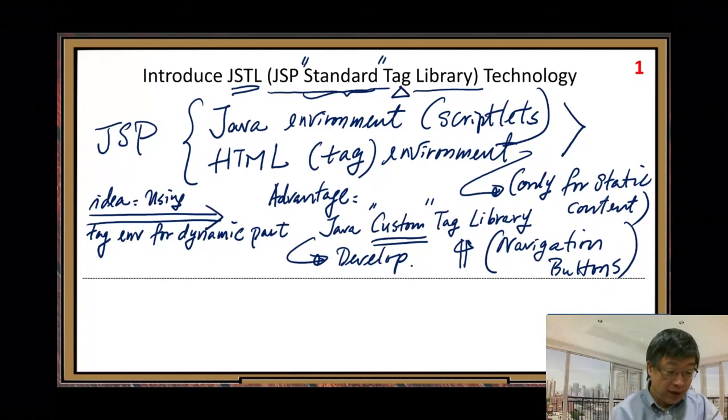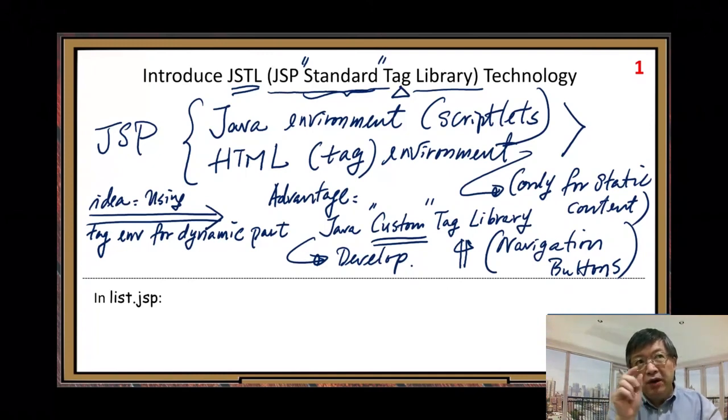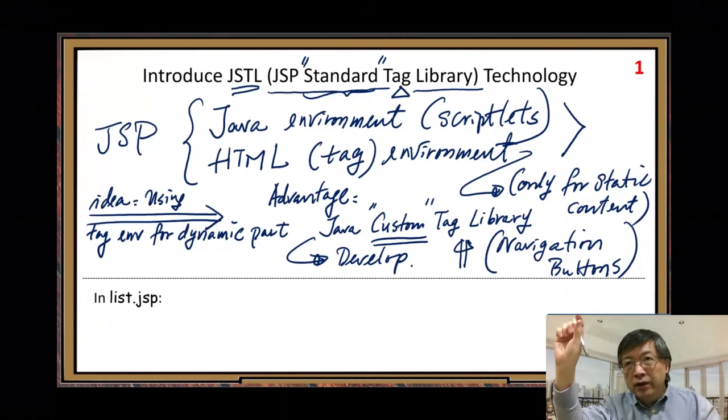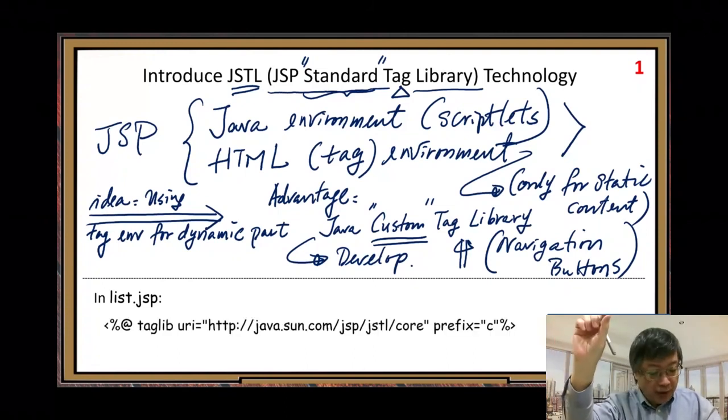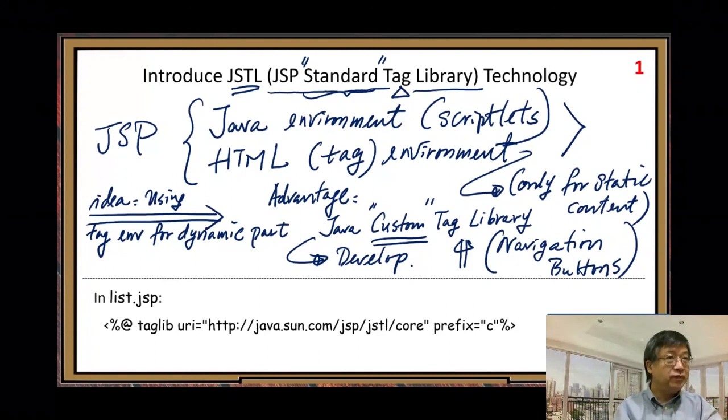Very simple. Here in our list.jsp, we will use it. In order to use this technology, you only need to put one line on top of the page. Usually we put it at the very top. This line uses a JSP directive, this notation, taglib.